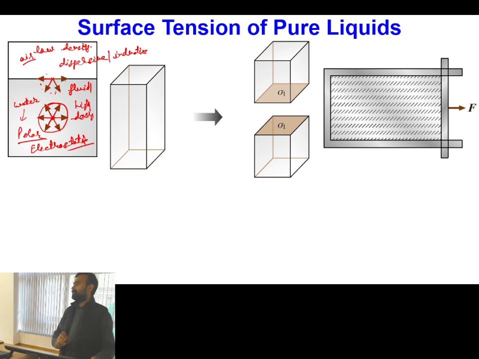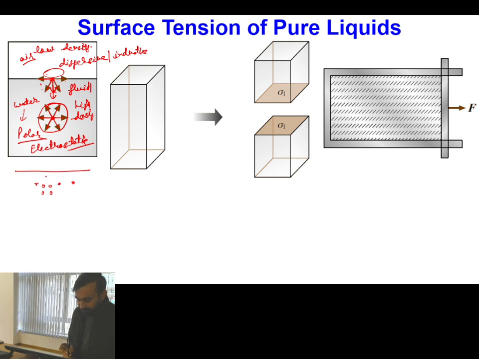In the top portion the magnitude of forces is less and in the bottom portion it is more. So ultimately this molecule is subjected to a permanent force trying to move it in which direction? Downward.